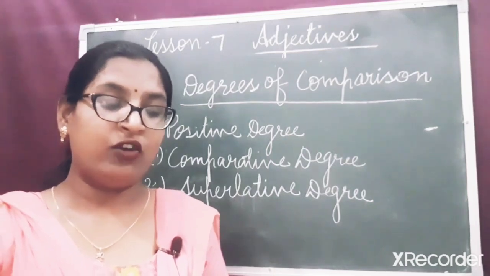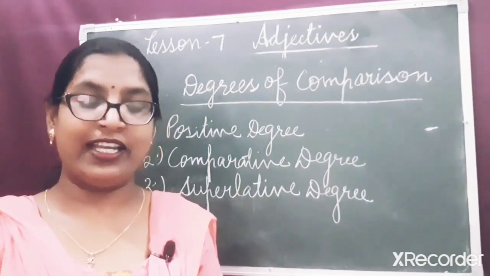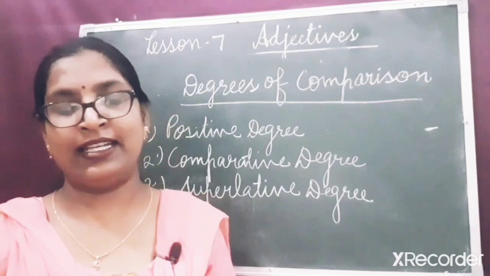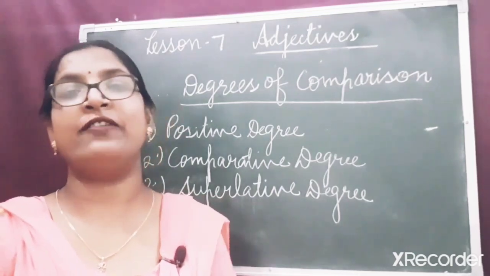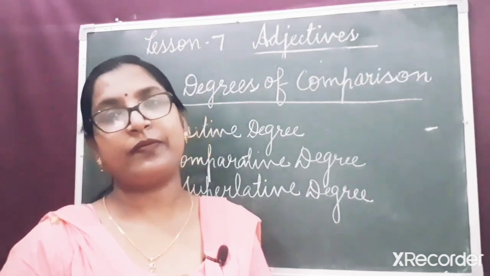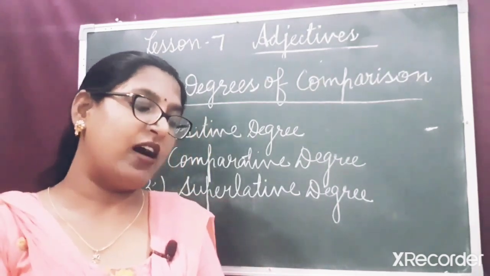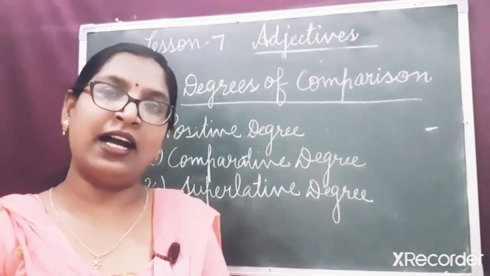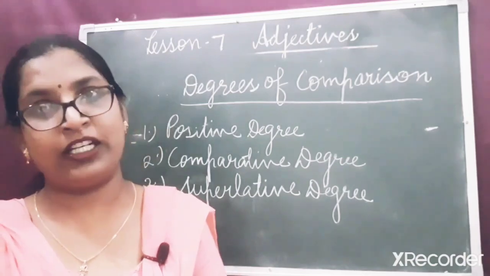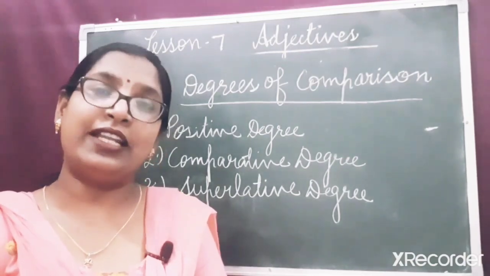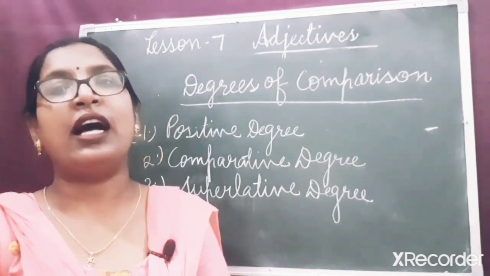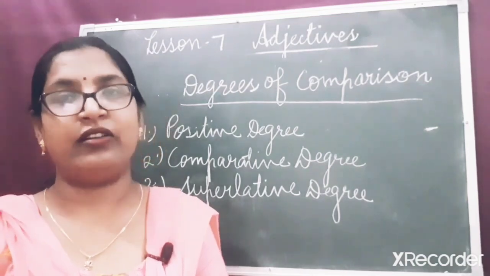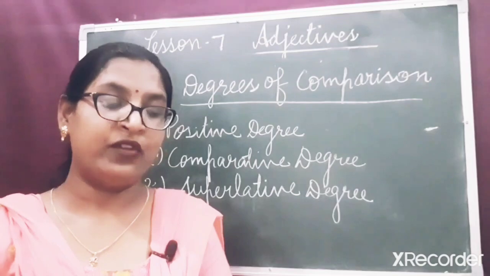Dear children, for adjectives ending in Y, the Y is changed into I before adding ER and EST for comparative and superlative degree. The word pretty is ending in Y. When we add ER or EST to make comparative and superlative degree, the letter Y is changed into I. So prettier is the comparative degree.